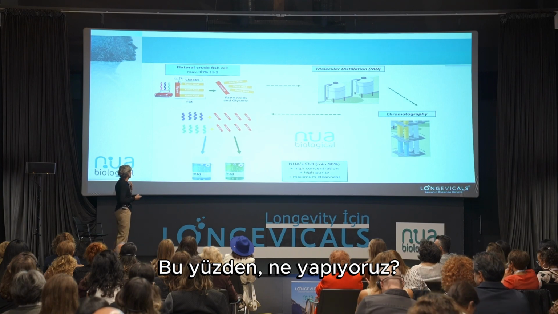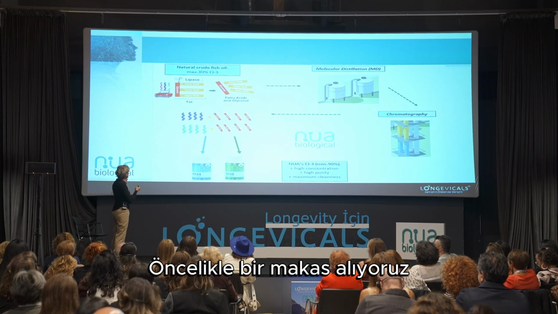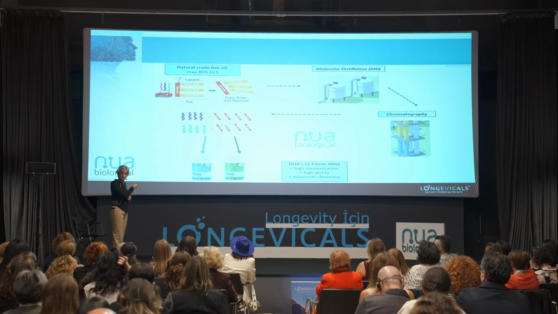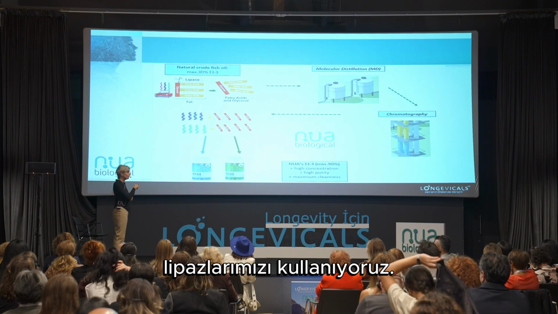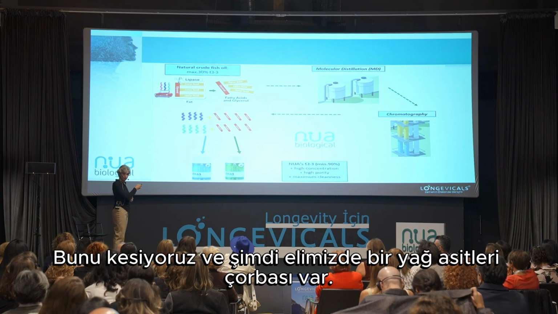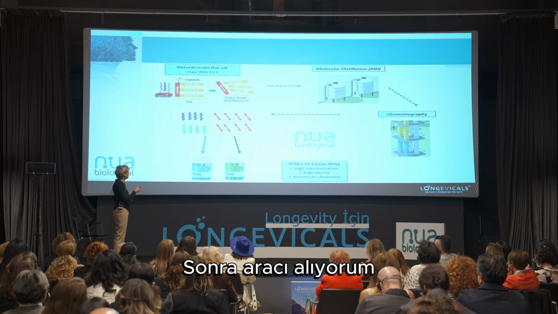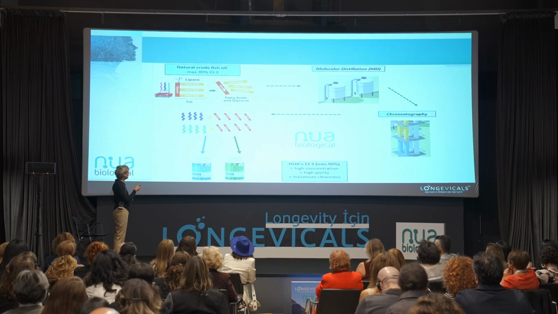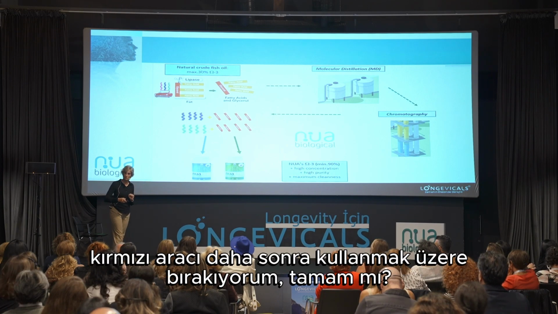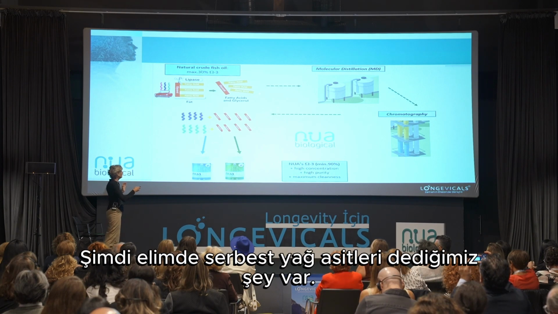So what we do is we first take some scissors, an enzyme, a lipase, to separate from the car the passengers, the fatty acids. So I chop that, and now I have a soup of fatty acids. And then what I do is my car, I take it to my garage here, and I leave the red car for later on, okay? So now I have what we call free fatty acids.